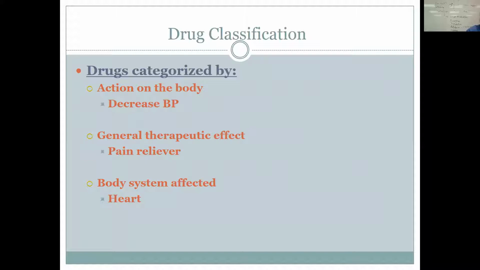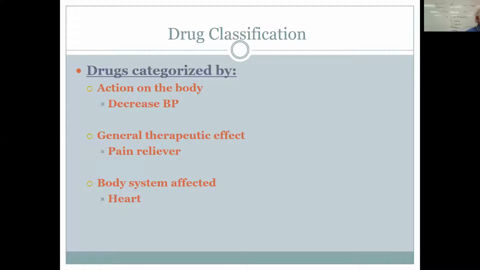Drugs are classified by the way they act. We can have drugs that act on blood pressure, and we've got about five different mechanisms by which we can do that in the body. These are all called antihypertensives. We have drugs that can have broad therapeutic effects, like pain relievers, analgesics, we call those.